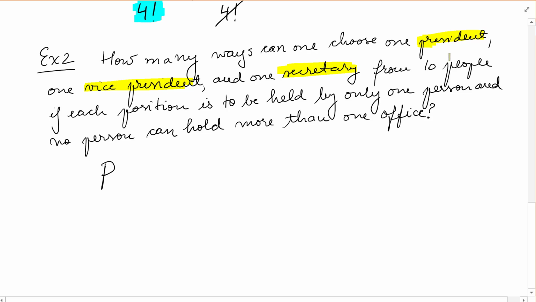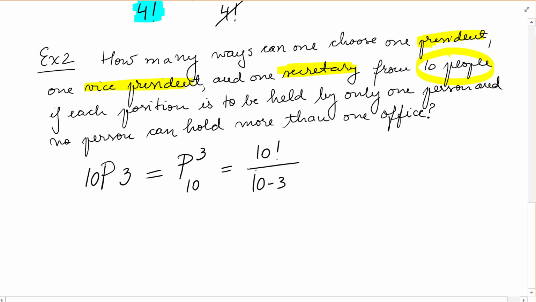There are 10 people in total, so permutation of 10 taken, and one president, one vice president, and one secretary means 3. So permutation of 10 taken 3 times. Based on the formula, it's 10 factorial over 10 minus 3 factorial.